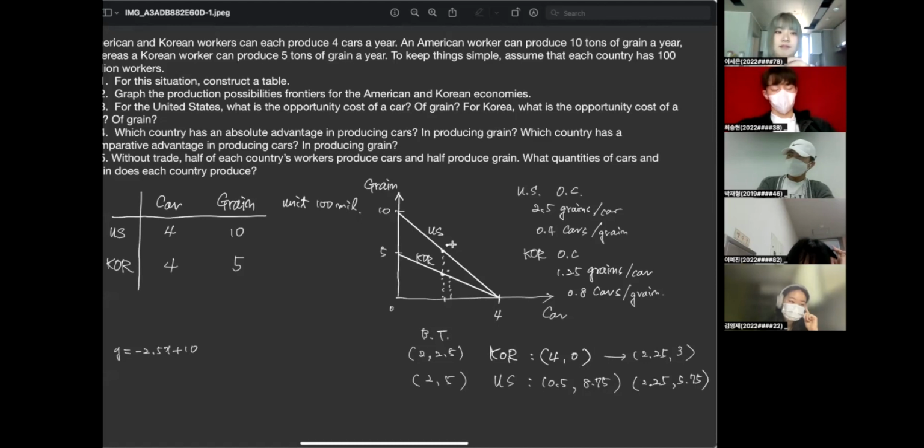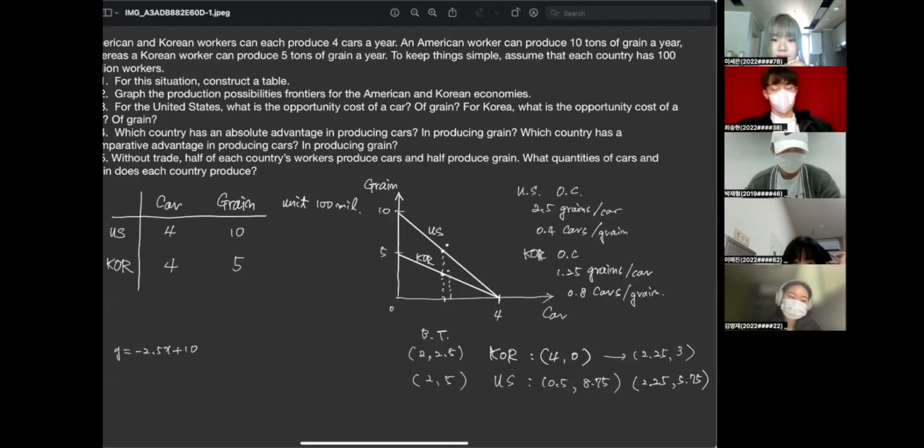So probably the point for each, 2.25 comma 5.75, is right here outside of the PPF, and the US case is right here, 2.25 and 5.75. In Korea's case, 2.25 comma 3 is outside of here. All right, that's the scenario.